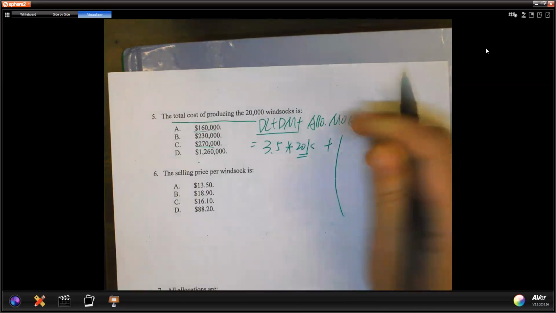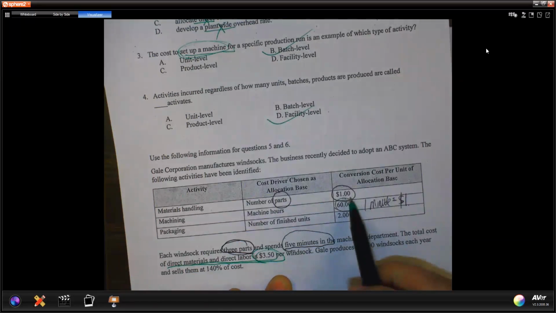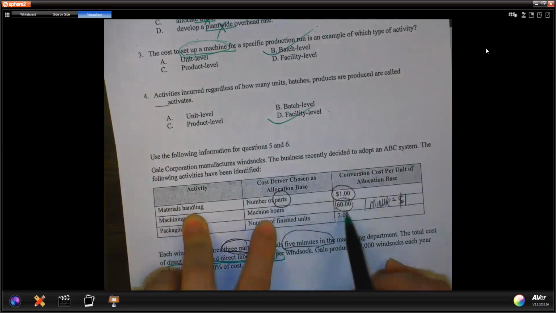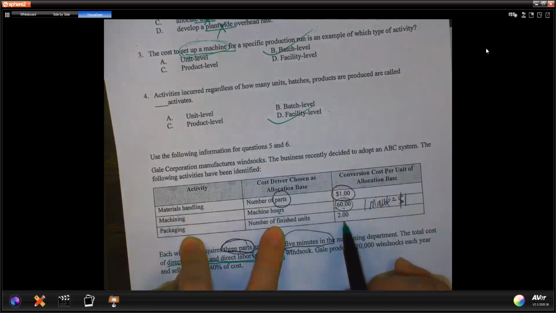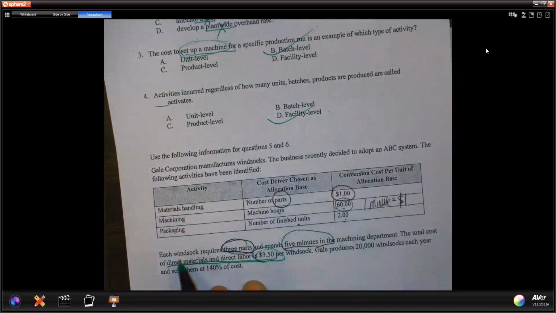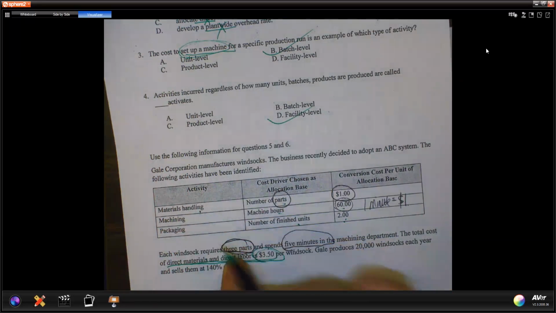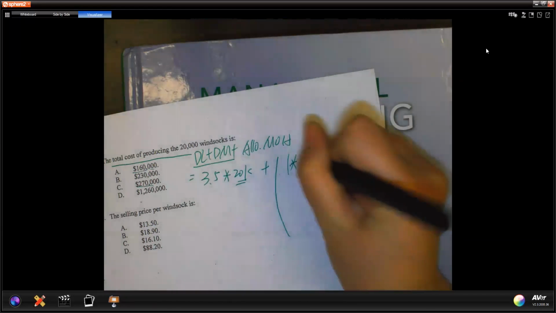Plus your manufacturing overhead allocation based on different activities. Handling is $1 for one part, machining is $60 for 1 hour, and packing is $2 for 1 unit. Each unit requires 3 parts, so handling will be $1 times 3 parts.